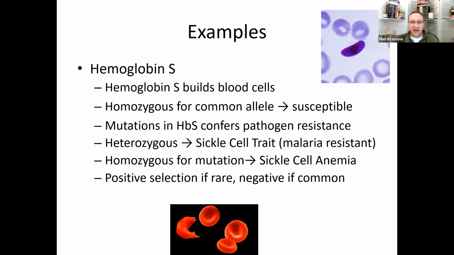When it's rare, it's hardly ever going to meet itself. It'll almost always result in an offspring that's heterozygous and therefore doing well, so it'll be under positive selection. But once it becomes common enough, it will be more likely to meet itself, right? It'll be more likely to experience sickle cell anemia and be under negative selection.